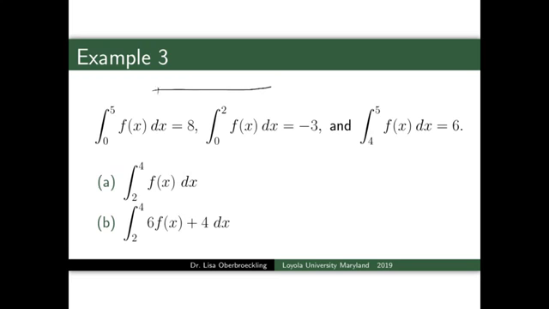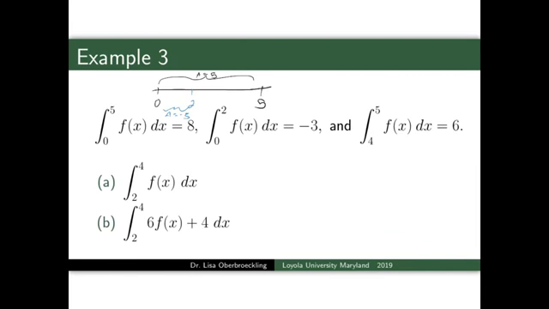So we're given that the integral from 0 to 5, that entire area, is 5. And then we're given that the integral from 0 to 2 is negative 3.